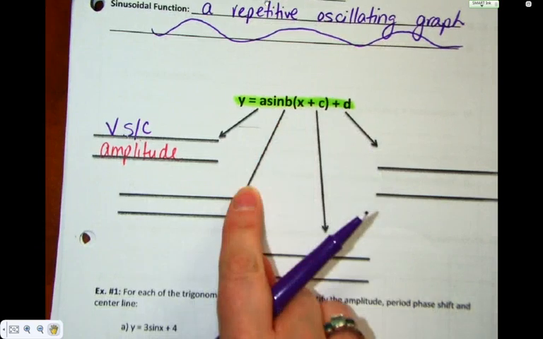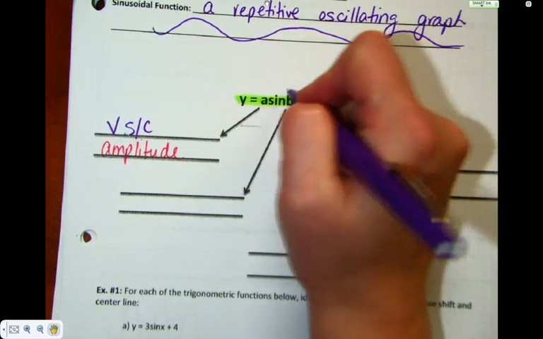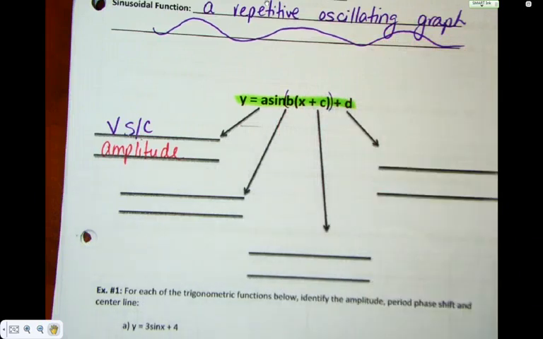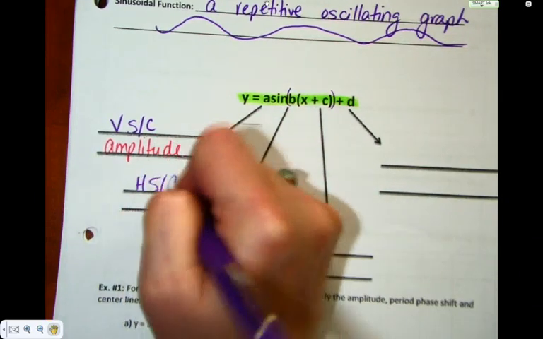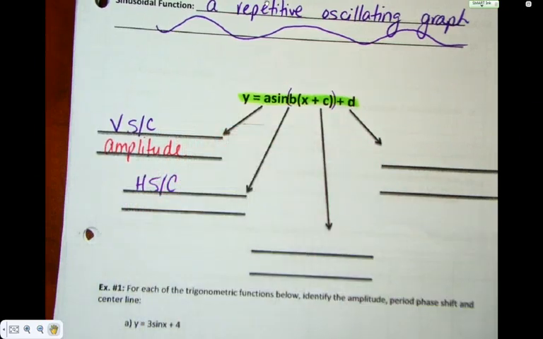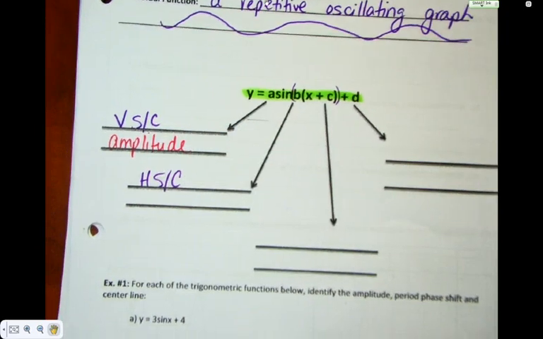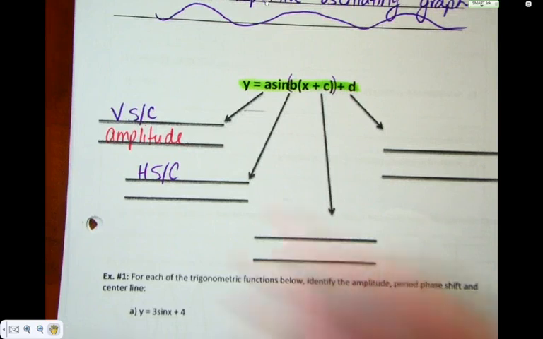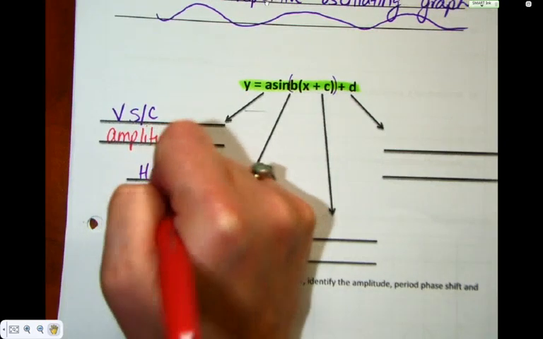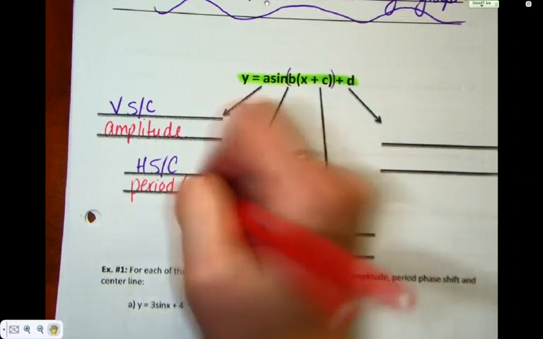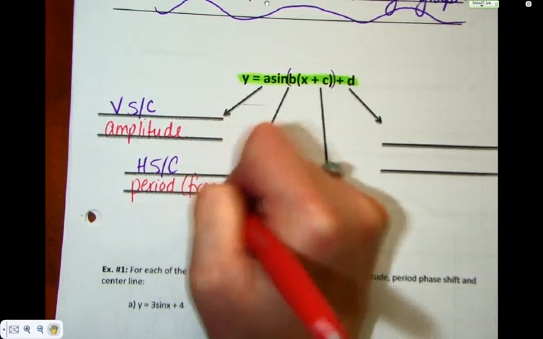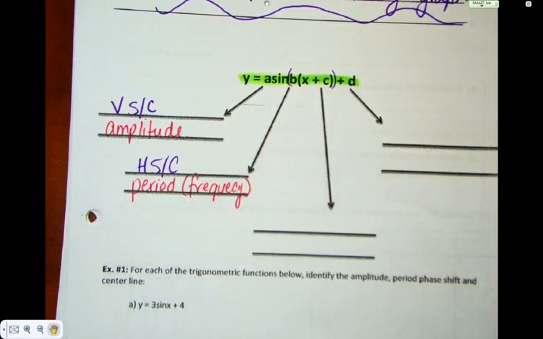And B, in terms of transformations, is, and you have to remember there are imaginary brackets around here, we just get really lazy and don't draw them, horizontal stretch or compression. And we talked on Friday, anyone remember the word? Period. And if you're a physics person, frequency, which is the same as wavelength. Okay, that's the length of the graph, so one repetition of the graph.